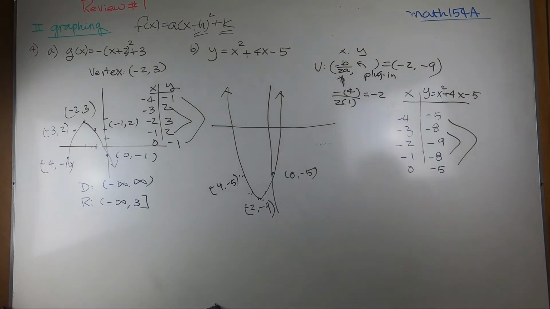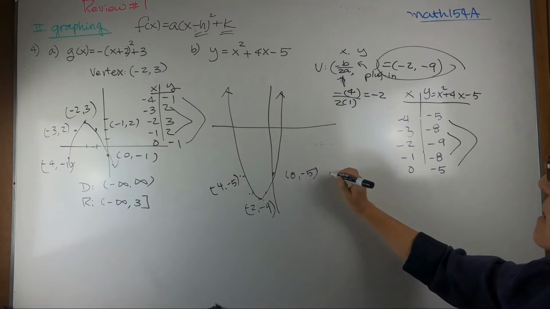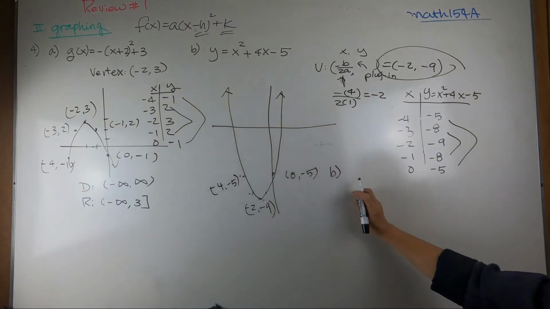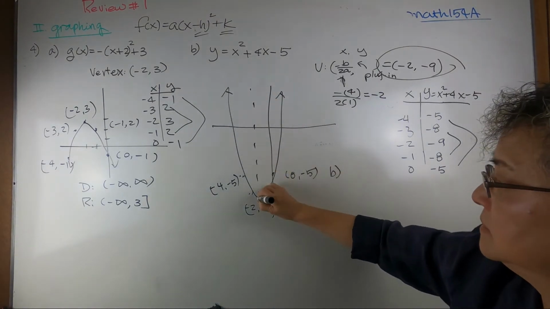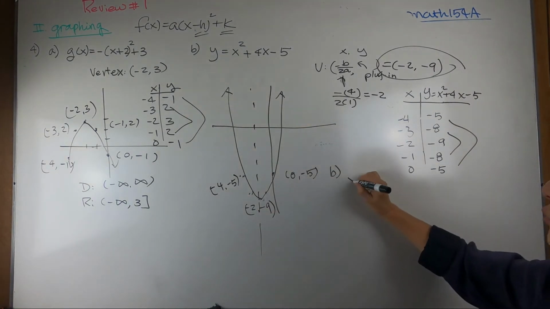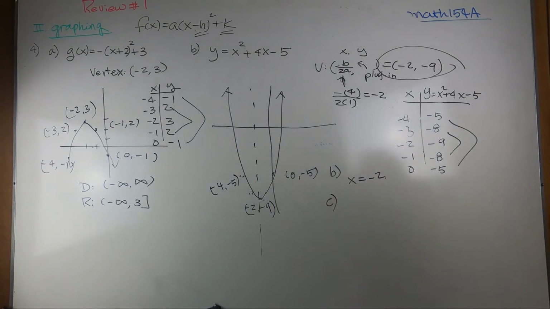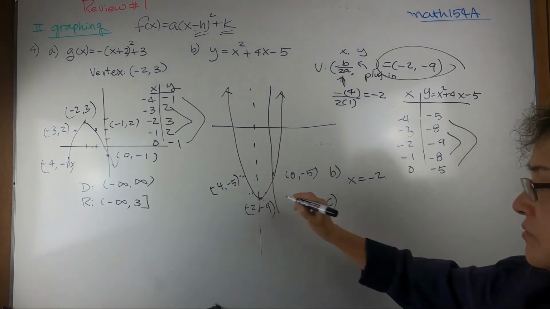Then you will be asked a few questions. One is a vertex, another one is line of symmetry, right? Axis of symmetry will be this line, it will be equation, okay? Then you will have a minimum or maximum. What do you think?